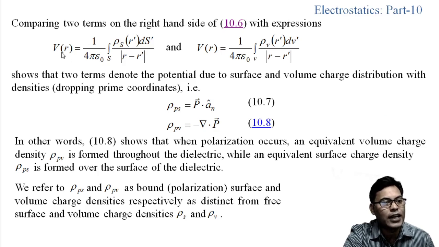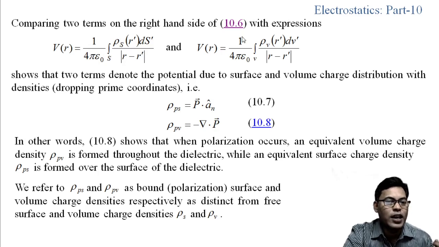So here you can see that the potential at a point due to the surface charge equals 1 by 4 pi epsilon naught, the surface integral of rho s of r prime ds prime by R. Here r minus r prime is the capital R. Now this expression we have seen earlier in our videos, that for a surface charge what will be the potential at a point, and for a volume charge what will be the potential at some other point. So these are the expressions of potential V for the surface charge and for the volume charge.